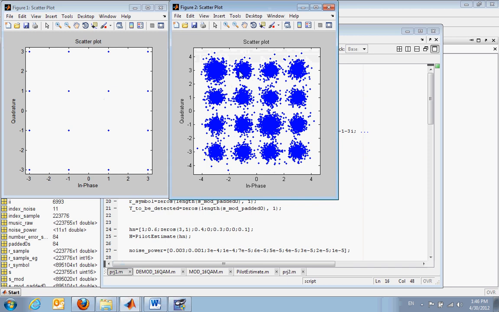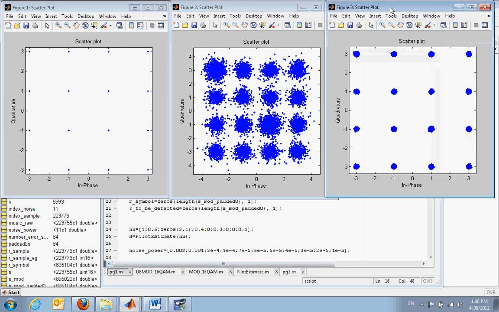They experience the frequency selective fading channel and also the additive white Gaussian noise with some signal to noise ratio. We can see that the signal points are drifted apart from their original positions significantly, which means that the fading process and additive noise introduce a change of amplitude and phase.